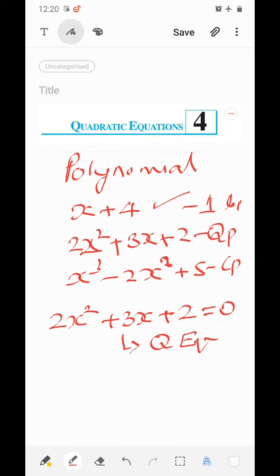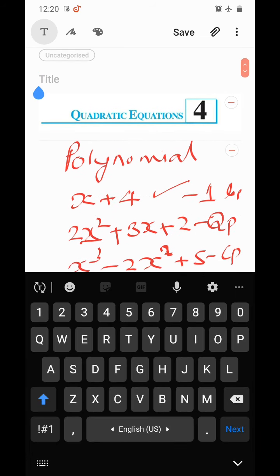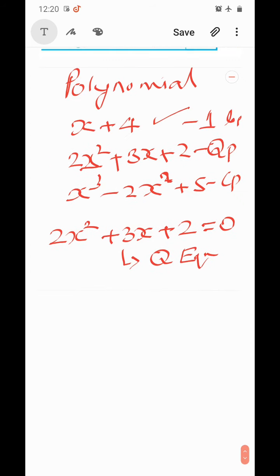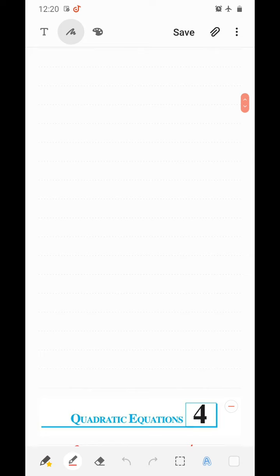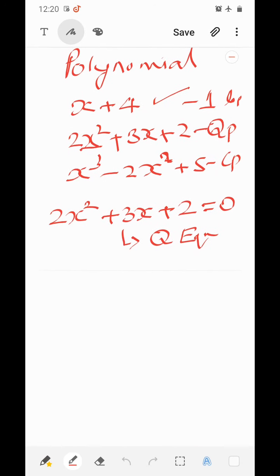Okay, now this is a quadratic equation. There are many situations in real life where we come up with quadratic polynomials, quadratic equations. Okay, for instance, we will just discuss an example.